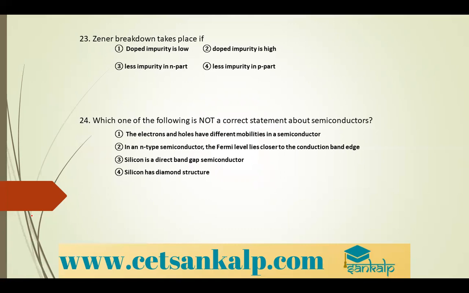In lightly doped diodes, the necessary voltage is higher and the avalanche multiplication is then the chief process involved. So directly you can say that it is option D, doped impurity is high.